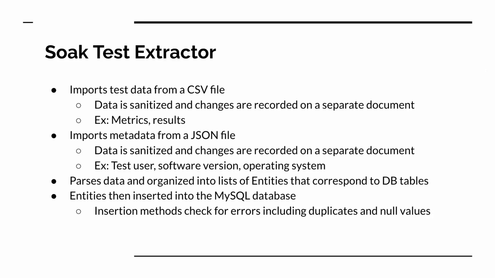This file included any data that wasn't included in the CSV file, and that includes things like the test user, the software version being used, and the operating system, among other things. That data is then also sanitized. After that, the data is parsed and organized into lists of entities that correspond to database tables. Those entities finally are inserted into the MySQL database, where it's checked for errors and duplicates.